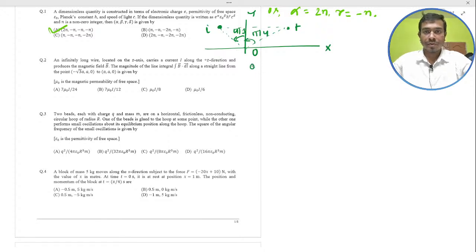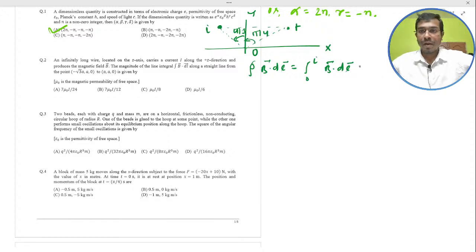Now closed line integral B dot dl equal to 0 to I, B dot dl, plus initial to final, I to f, B dot dl, plus final to origin, f to 0, B dot dl.